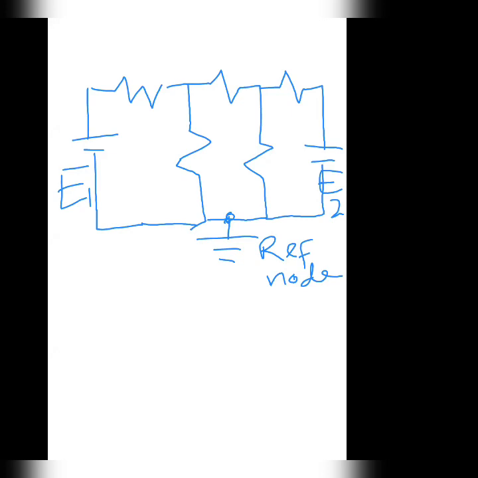Okay, suppose that we are given the values of E1 and E2, R1, R2, R3 resistances, whichever are given in these circuits. Let us assume that these values are known to us. So what precaution you have to take while calculating any DC network circuit?